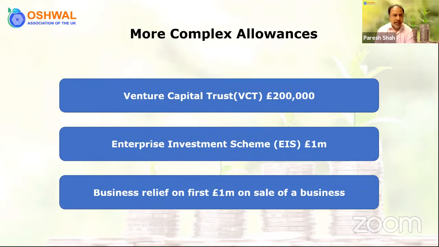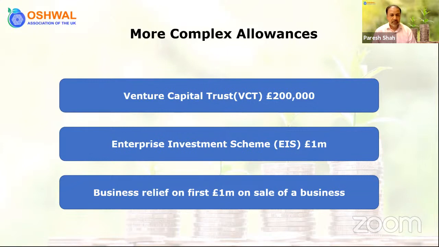There are some other allowances which are slightly more complex in nature, and also probably would always need professional advice. Venture capital trusts: you are allowed to invest up to £200,000 per annum, on which you will be entitled to 30% tax relief.